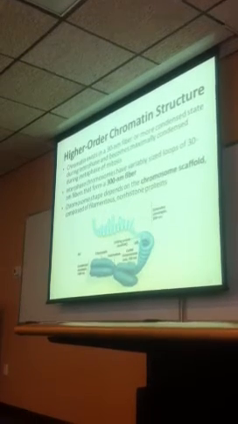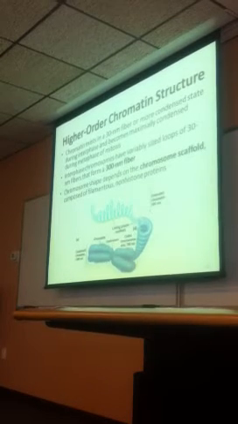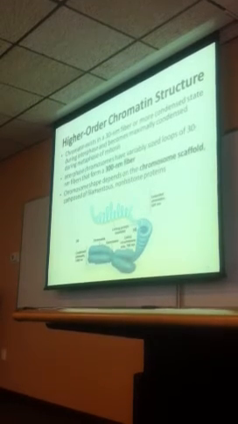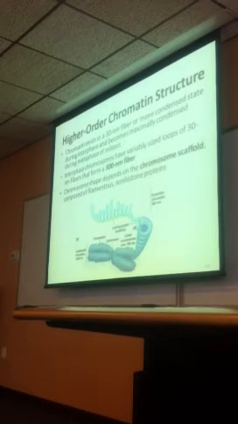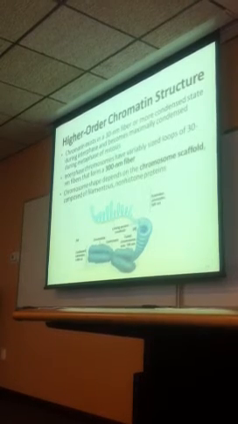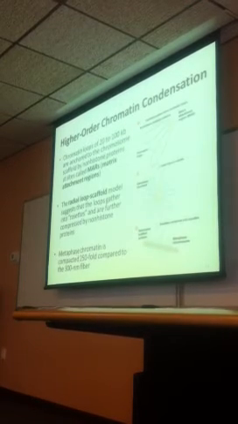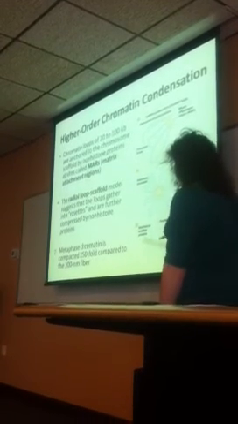Okay, so the third level of chromosome compaction is this looping and scaffolding, okay? And the scaffolding depends on those non-histone proteins. No histones are involved in the scaffolding. This is a better way to show it. Okay, so the looping.